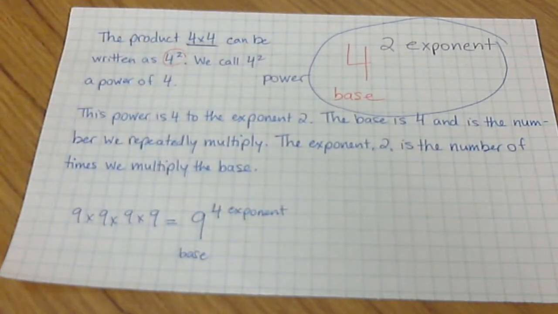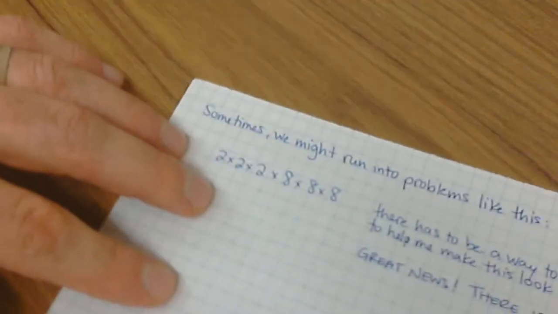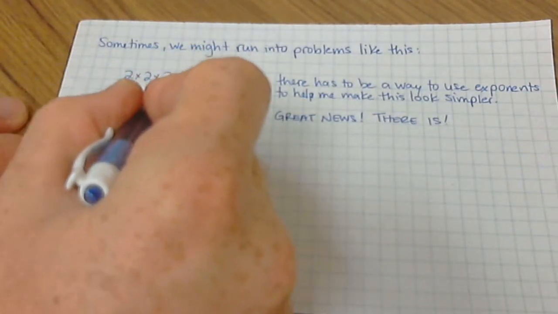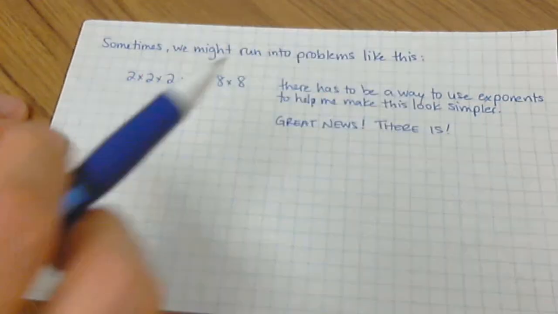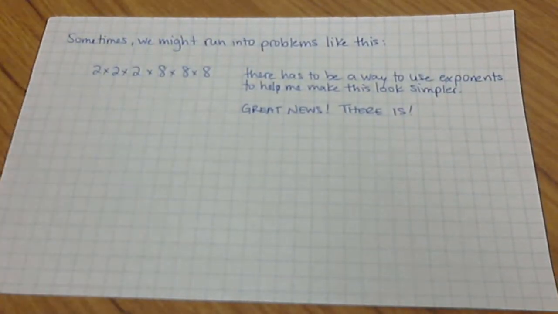Okay. Now, occasionally, we may run into a problem like this, where it looks like 2 times 2 times 2 times 8 times 8 times 8. So there has to be a way to use exponents to help me make this problem look simpler. But great news, there is.